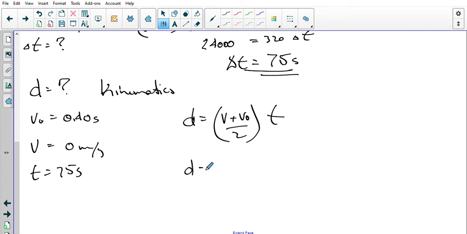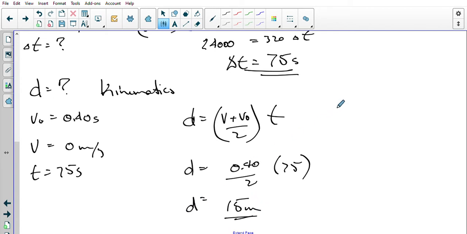So our d, our final velocity is 0, and this is 0.40 divided by 2 times our 75. 0.4 divided by 2 times 75, that's equal to... because we don't have acceleration for this, so this is our kinematic equation to use.